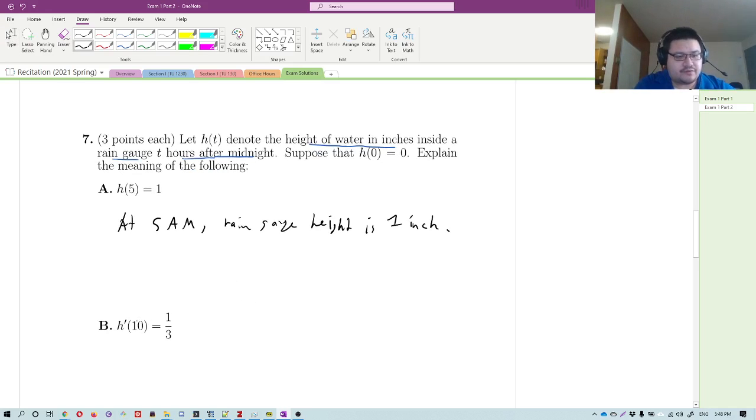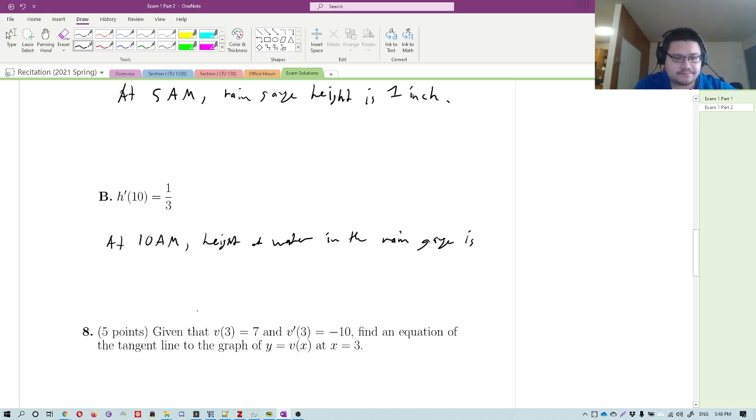And then, okay, the rate of change at the 10th hour. So at 10 a.m., we can say the rate of change, or maybe that the height of water in the rain gauge is changing, or increasing, really.